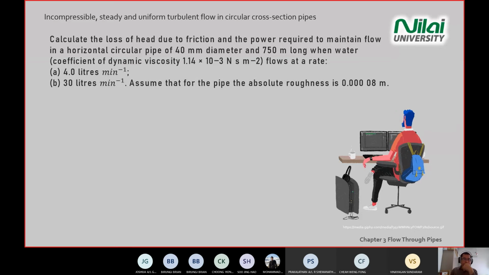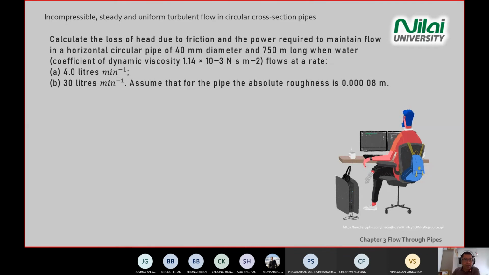All right, so again this question is not in the tutorial question. I think I added this one as an extra question. It asks you to calculate the heat loss due to the power.